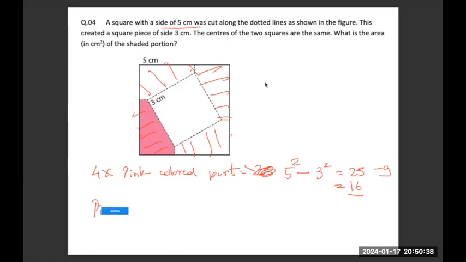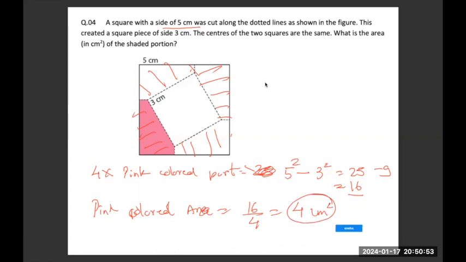So the pink colored part area will be 16 divided by 4, which is 4 centimeters square. Any doubts, any questions in this?